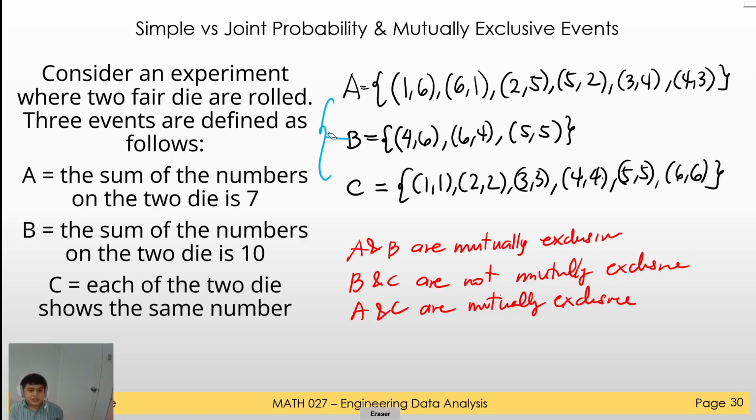If we analyze these three sets together, they are not mutually exclusive, since again there is a similarity between B and C. Therefore, we can say that A, B, and C are not mutually exclusive.